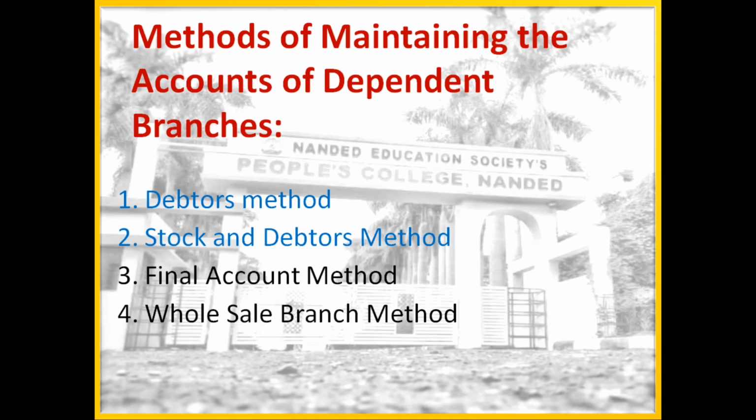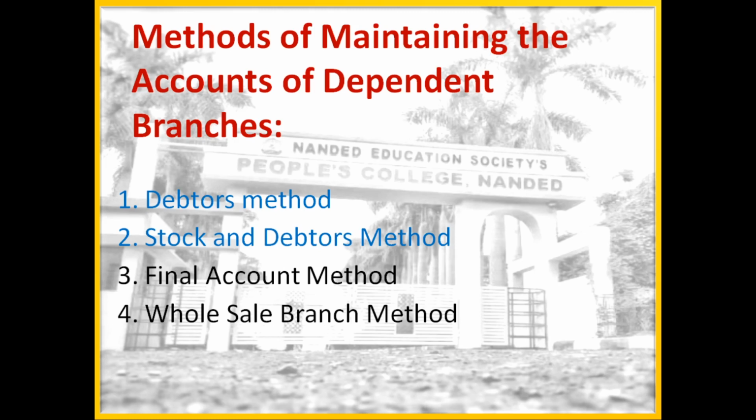This method is usually adopted when the branch is of small size. Under this method, the head office maintains a separate branch account for each branch. Its purpose is to ascertain profit or loss made by each branch.